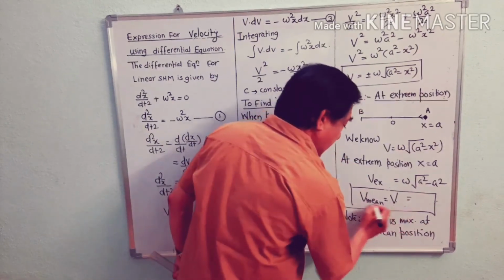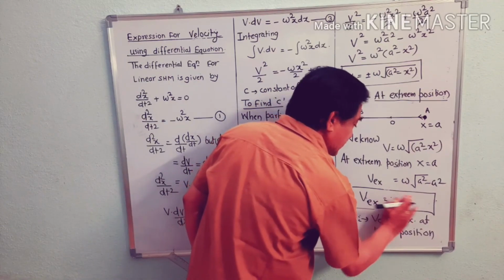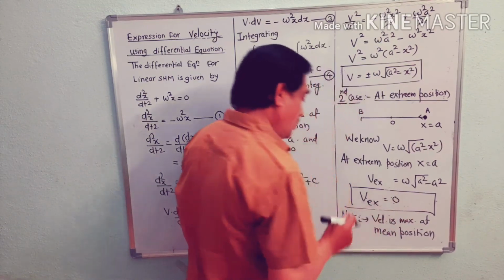So velocity at extreme position is equal to 0.